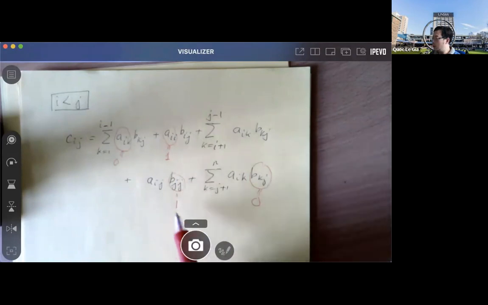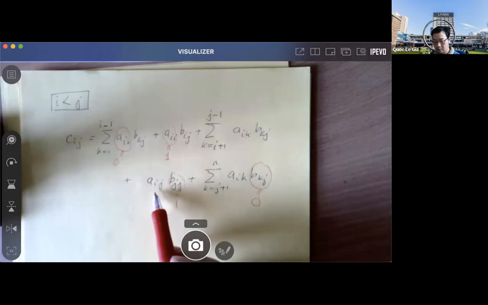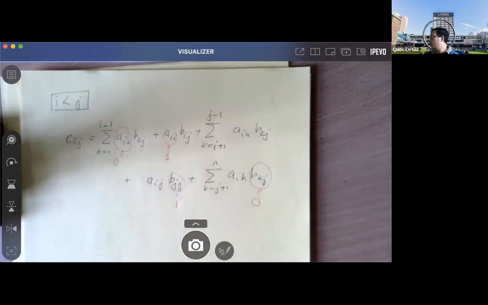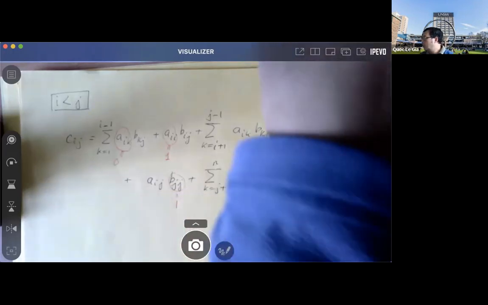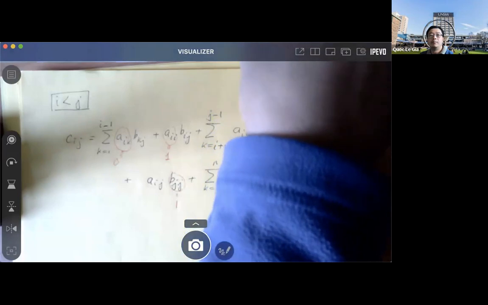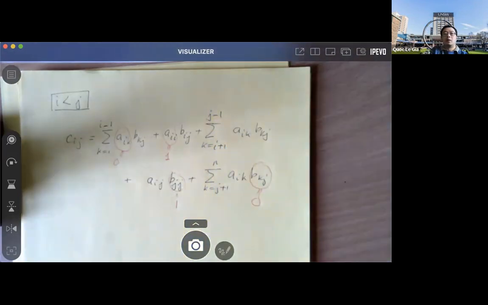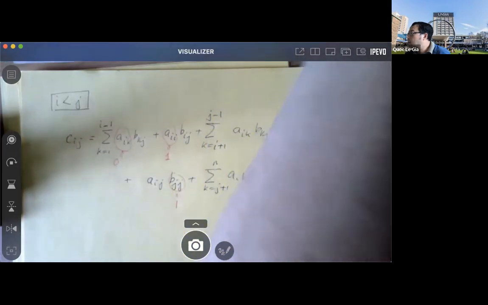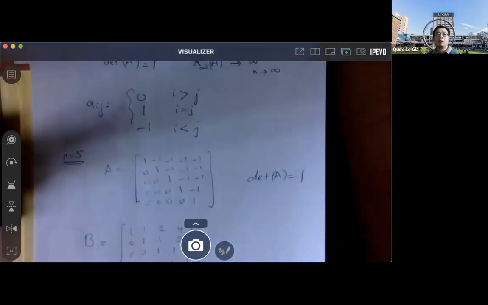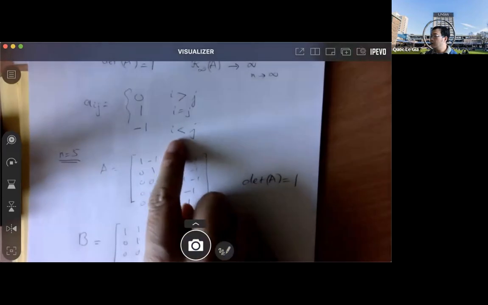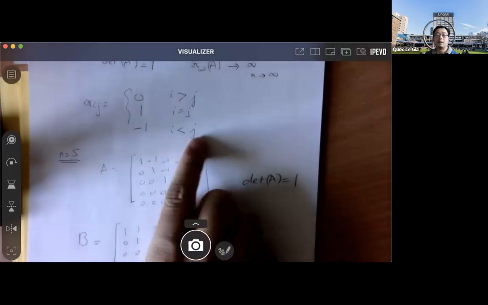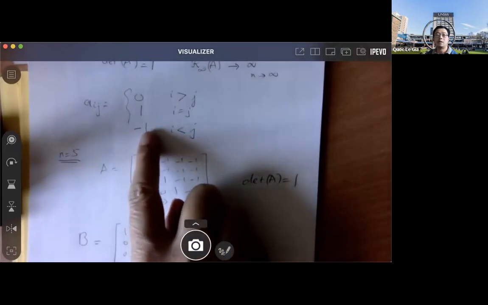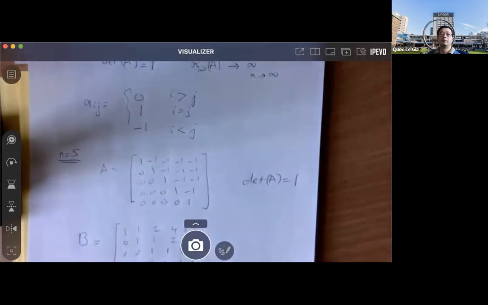So what is a_ij here? Remember j is bigger than i. If you go back to the definition of A, whenever the row is less than the column, then a_ij just equals minus 1.